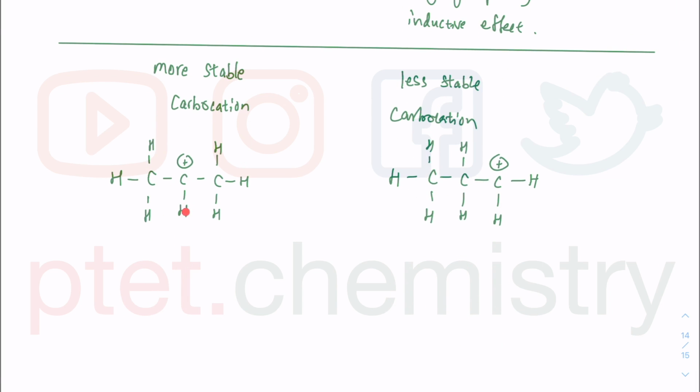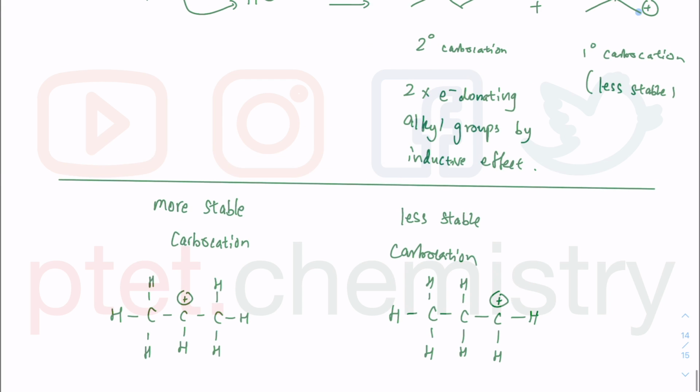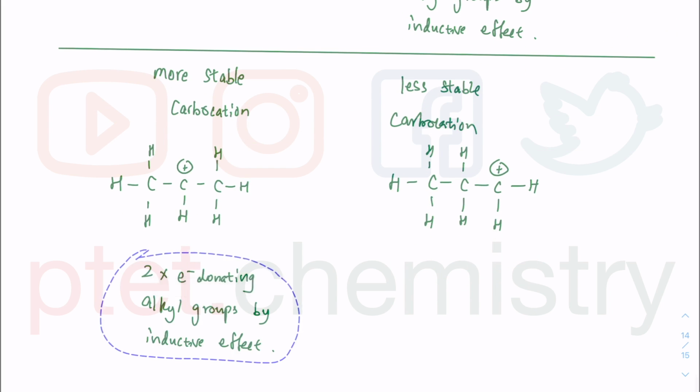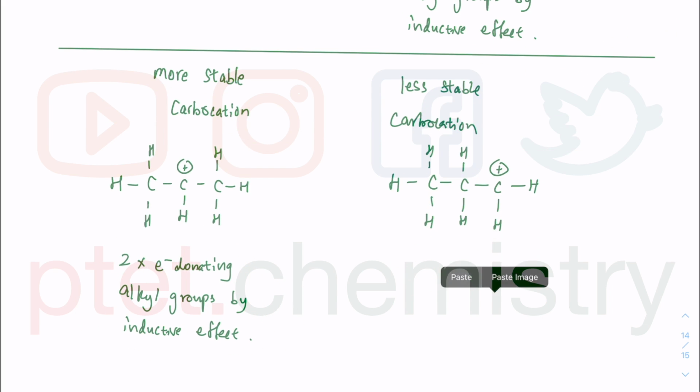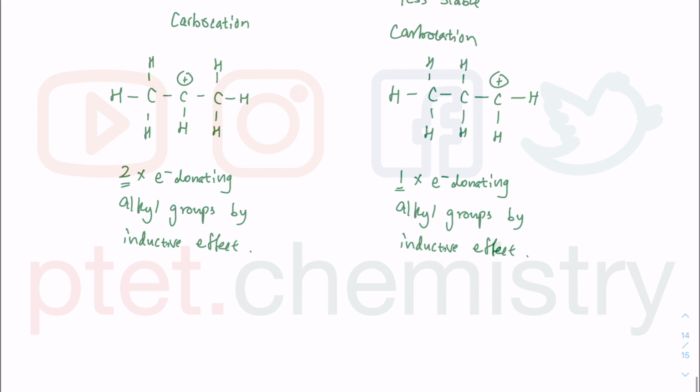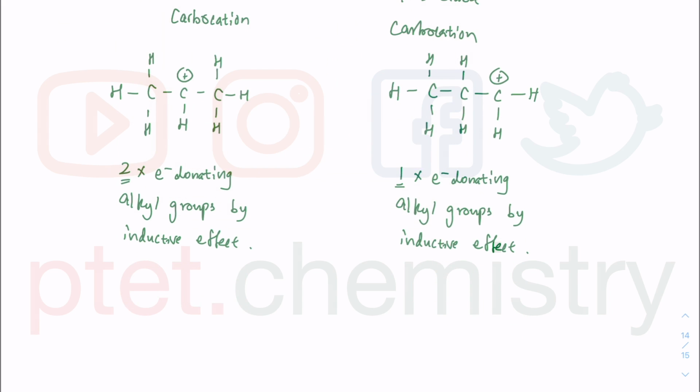So the secondary carbocation intermediate is more stable than that, and they're asking you to explain it. I've already explained it. So the secondary carbocation has 2 electron donating groups effect by inductive effect, whereas here you only have 1. So by comparing that, I can put it into words.